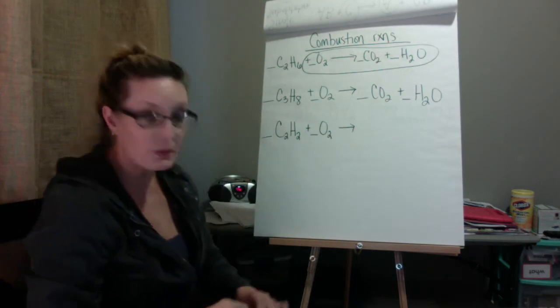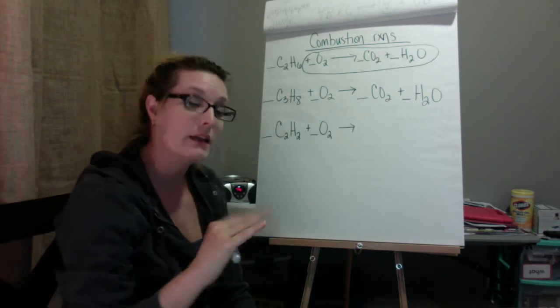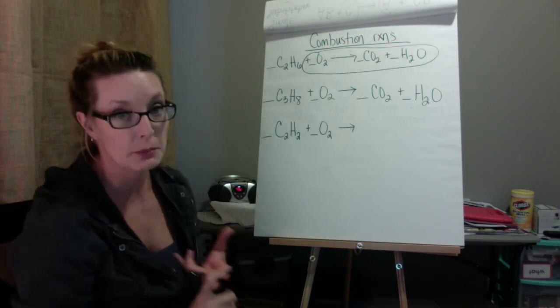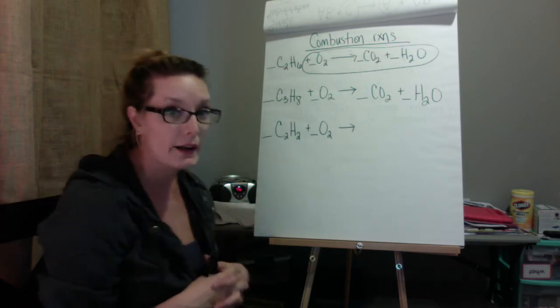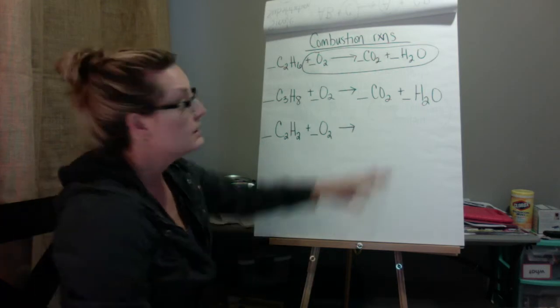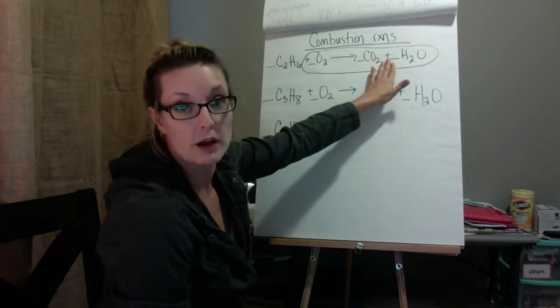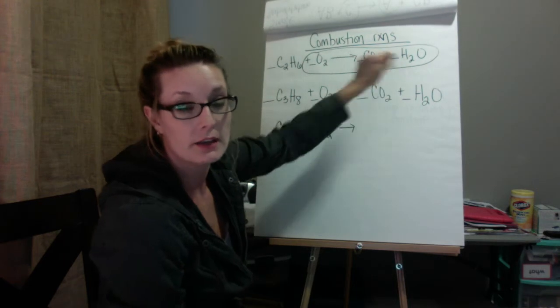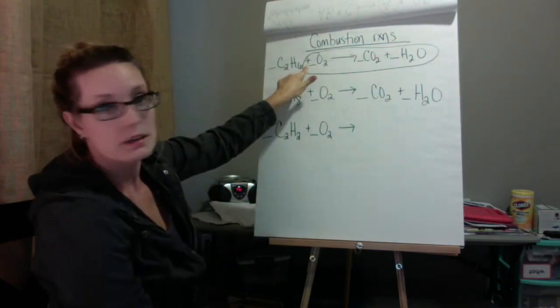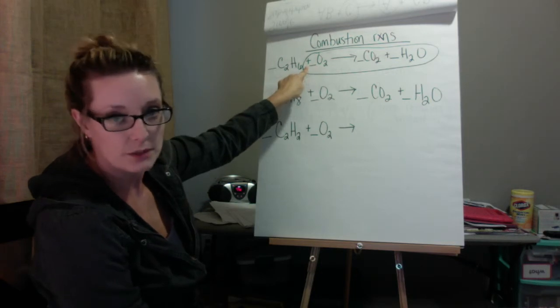Let me explain why it cannot be one of the other types of reactions, like a single or a double displacement. The rule for synthesis reactions is that you cannot have plus signs on the right. Because there's a plus sign here, it cannot be synthesis. Because there's a plus sign on the left, it cannot be a decomposition reaction.